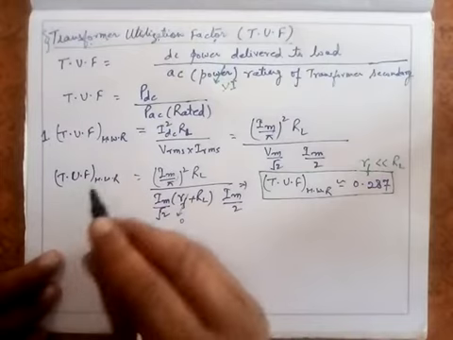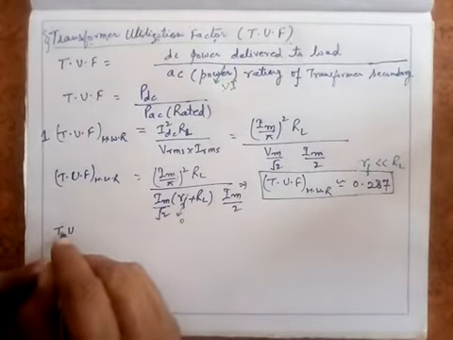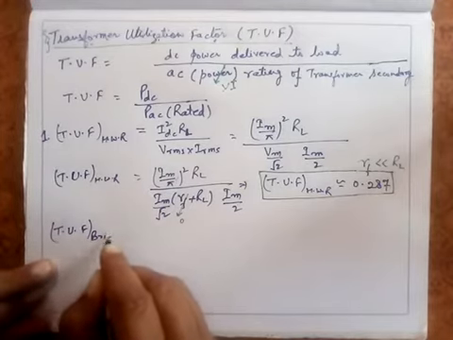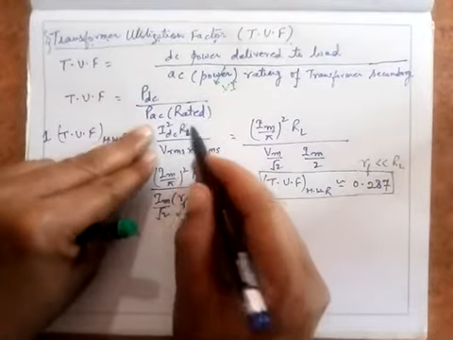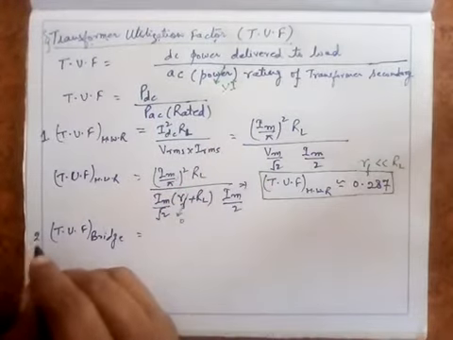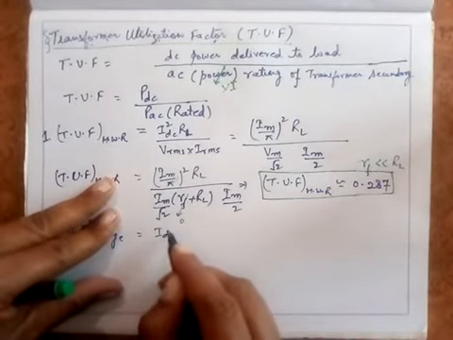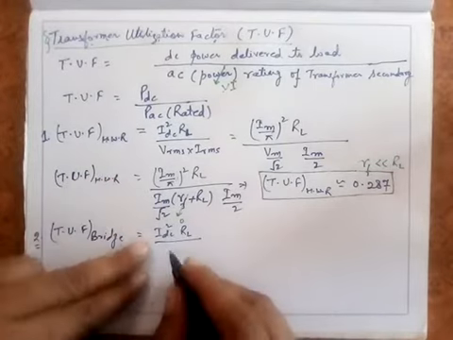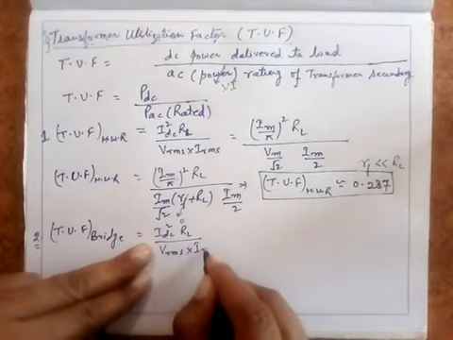Let's talk about the transformer utilization factor of a bridge rectifier. TUF of a bridge rectifier. Again I apply PDC upon PAC. PDC, again, is IDC square into RL, and PAC is VRMS into IRMS.